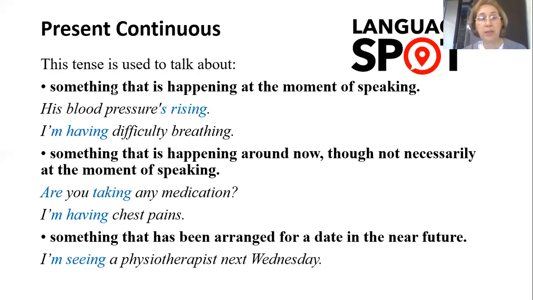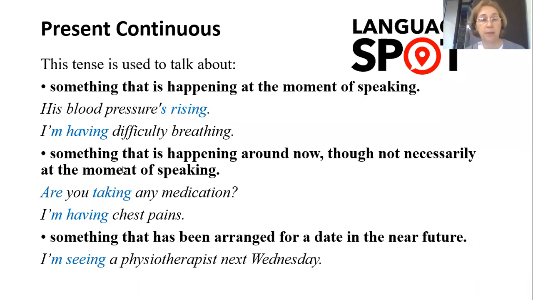And the present continuous tense is used to talk about something that is happening at the moment of speaking. Example, his blood pressure is rising. Present continuous consists of two parts. Or I'm having difficulty breathing, am having.